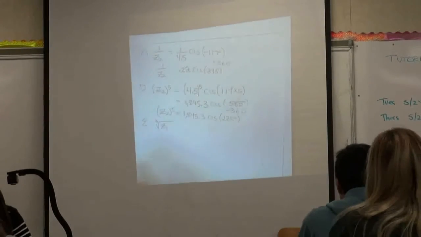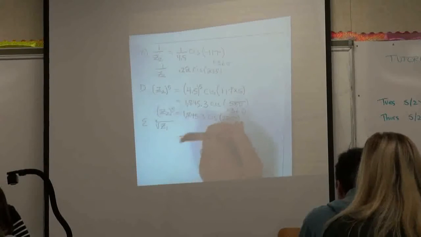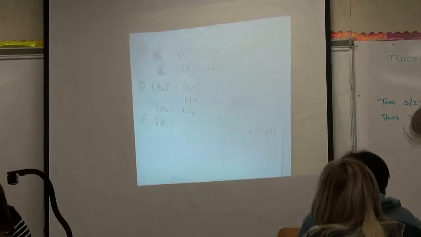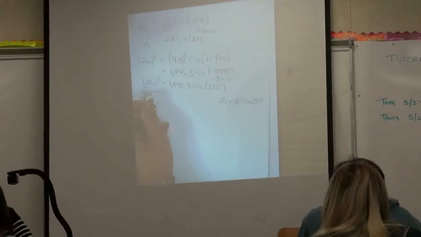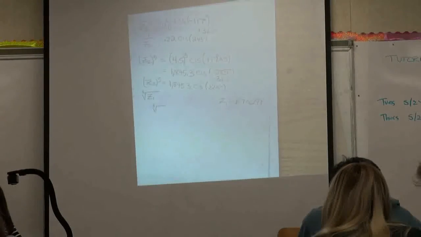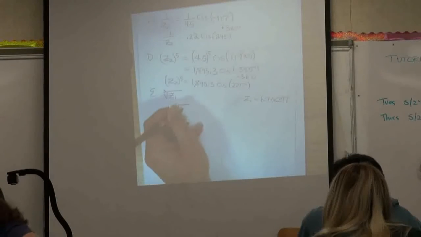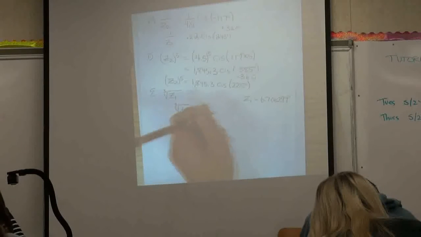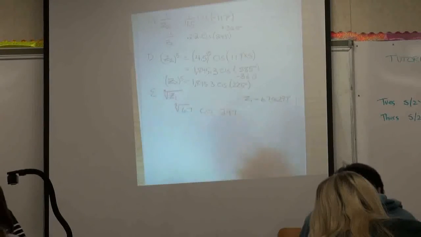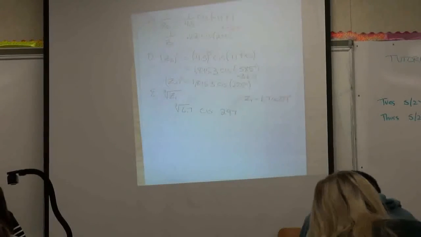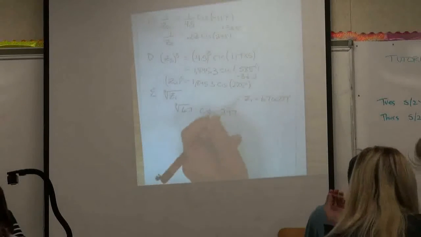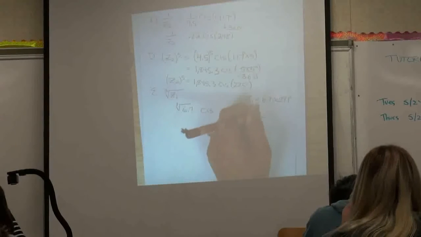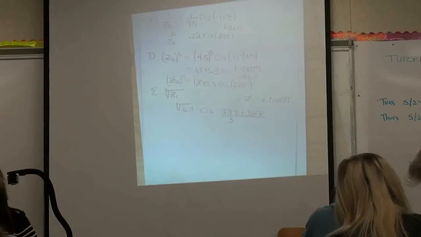So if your Z1 is 6.7 cis 297, you take the cube root of the modulus, you take the argument, and it's actually k, but n is fine.